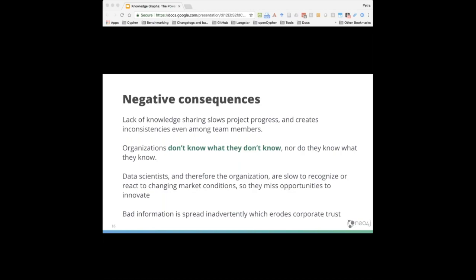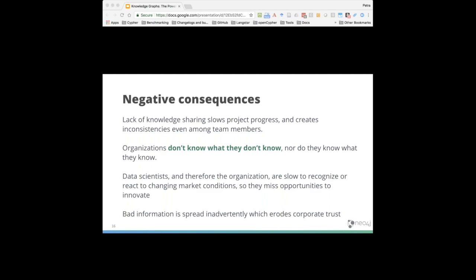The negative consequences of having siloed information, or at least information you can't act upon, are exemplified by the list shown. I would say that the biggest one is the one I highlighted, which is essentially you don't really know what you don't know. This is one of those huge uncertain things in life in general. The idea is that graphs are a great way to bring those sorts of gaps into the light, leading through to new insights being made.